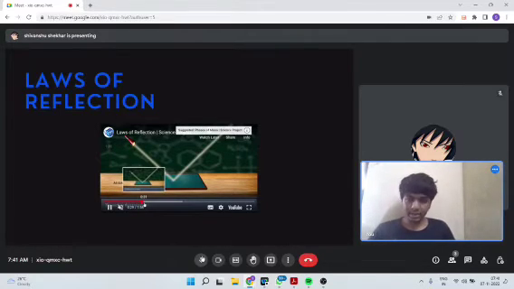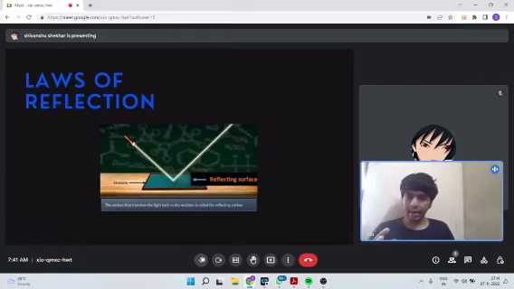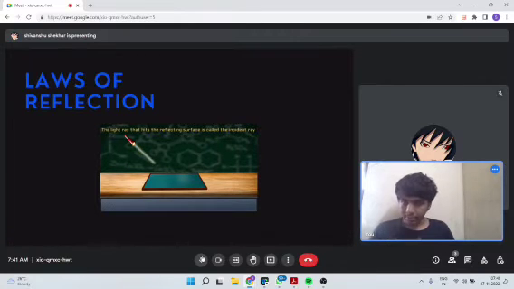As we can see, the light after hitting the surface makes an equal angle with respect to the normal. The line which is hitting the surface is called the incident ray, and the one going back is the reflected ray.